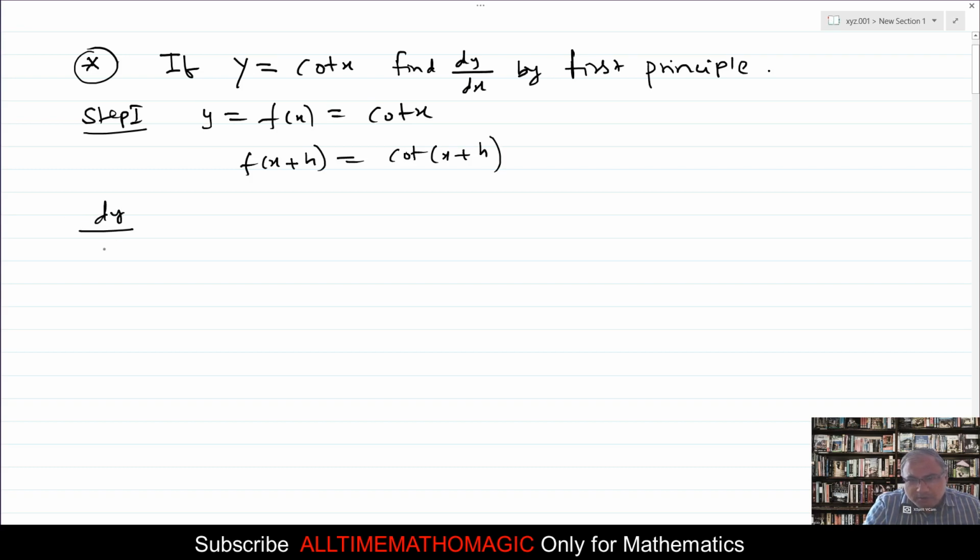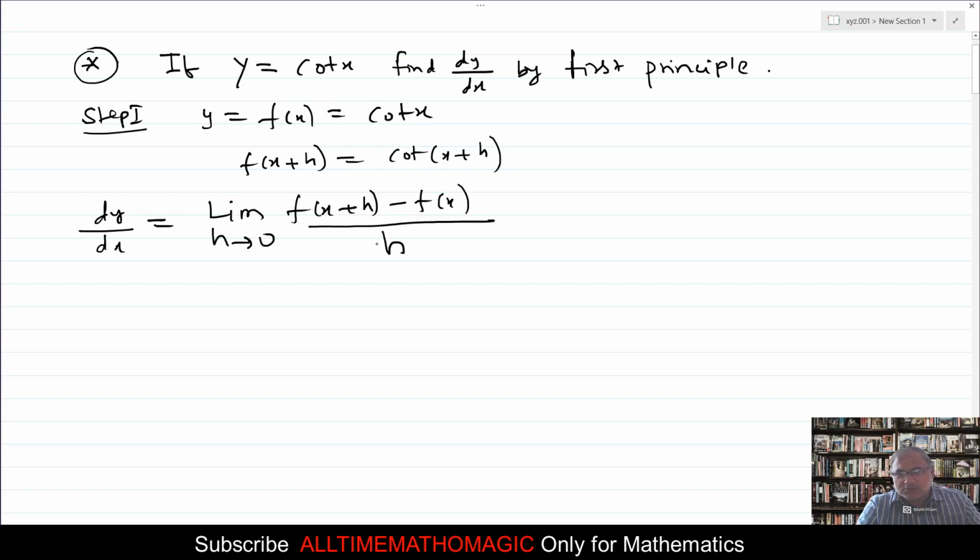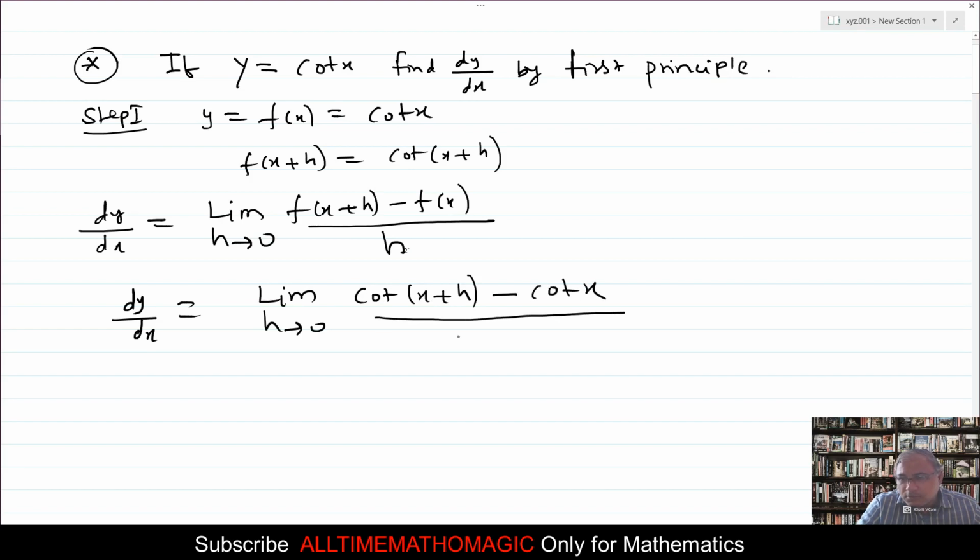Now by definition, dy by dx equals limit h tending to 0 of f of x plus h minus f of x upon h. So dy by dx equals limit h tending to 0 of cot of x plus h minus cot x upon h.